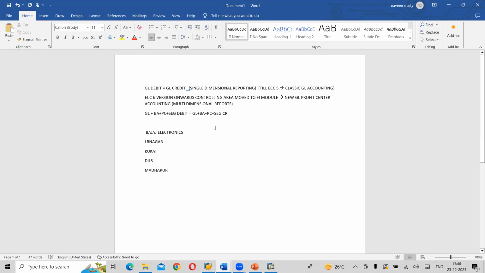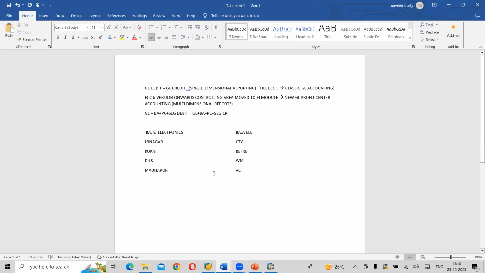Next, in Bajaj Electronics, what are the products they deal in? Electronics: color TVs, television sets, refrigerators, washing machines, air conditioners.